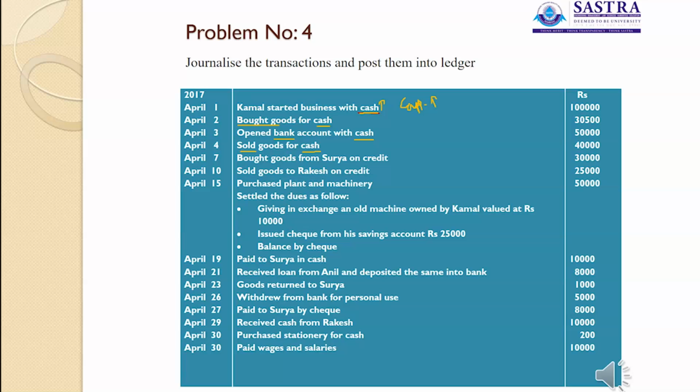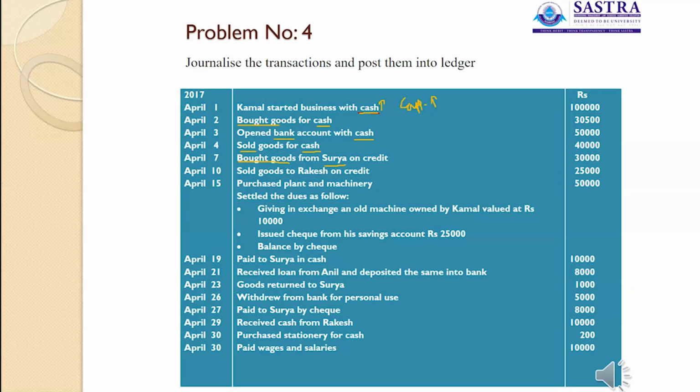Bought goods from Surya on credit. Purchase account and Surya account. Sold goods to Rakesh on credit.